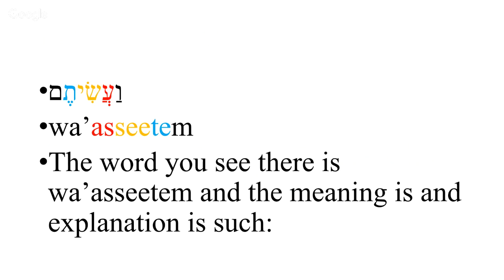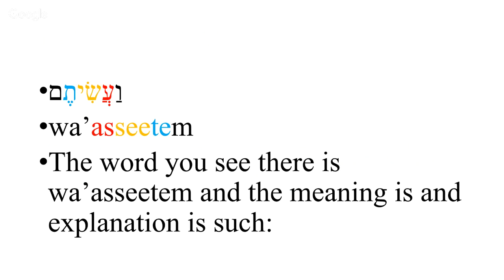The vowel underneath the scene is the E sound. Wah, I see. And then you have the tau there with the segol, and that's te. All right, and then ma, wah, asitem. Okay, so just want this to be noted for edification purposes. All right, so wah, asitem.